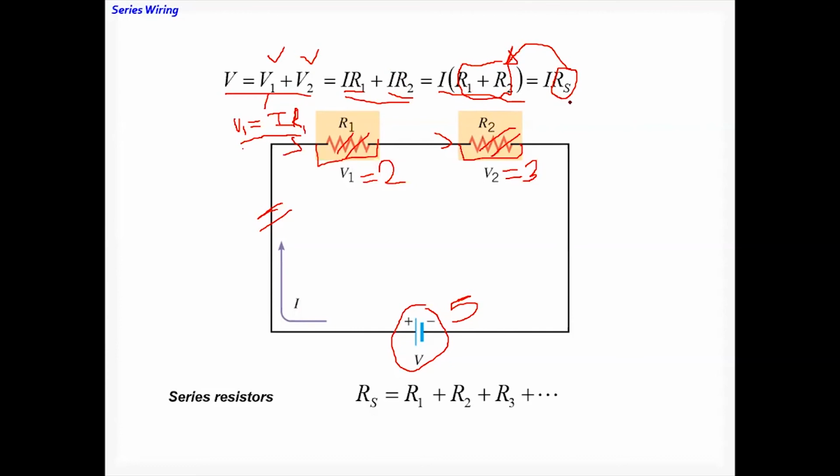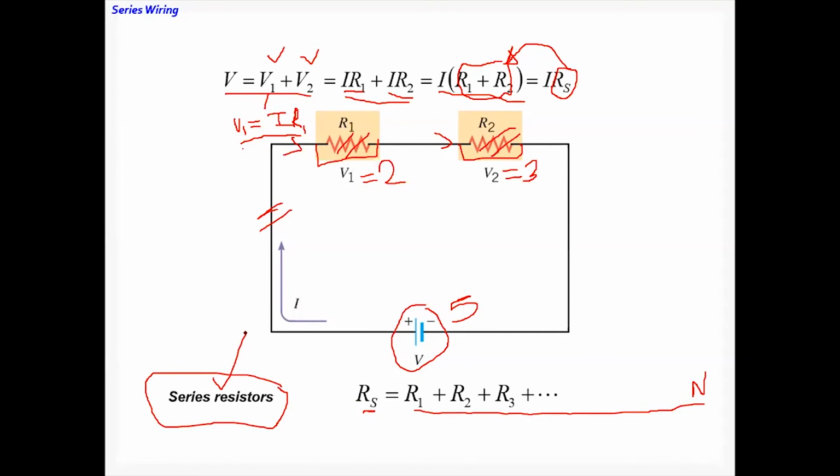If you have more than 2 resistors, you can find the RS by adding all of them together. There could be n resistors.